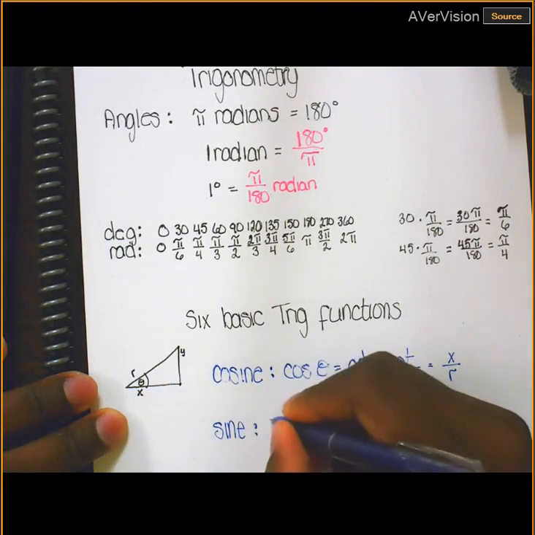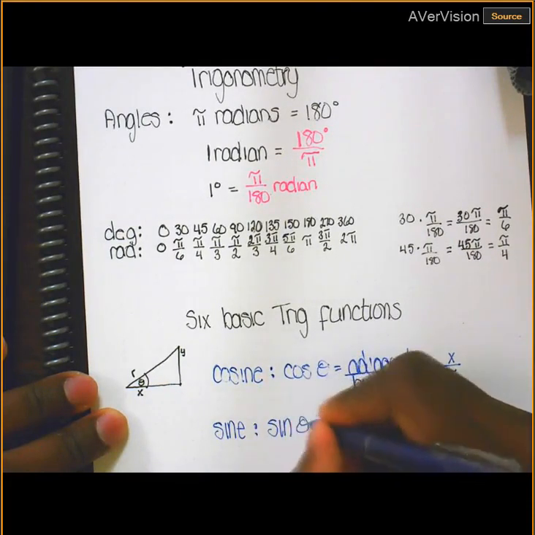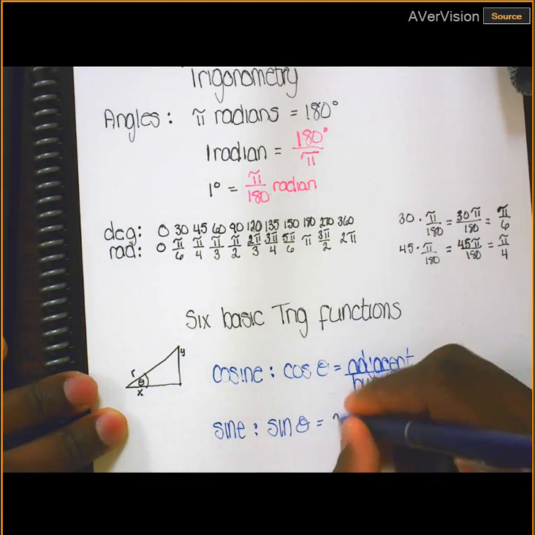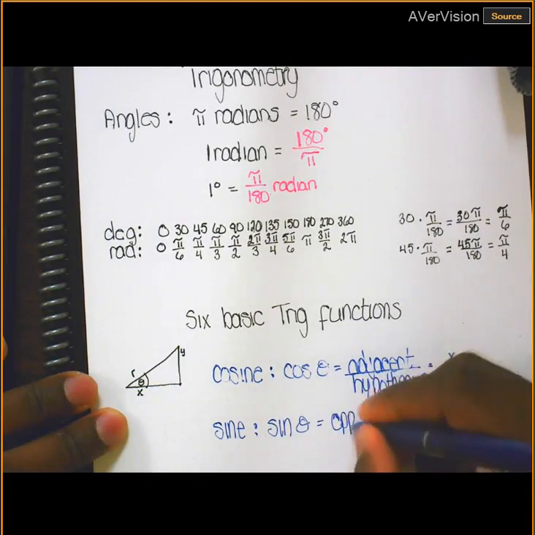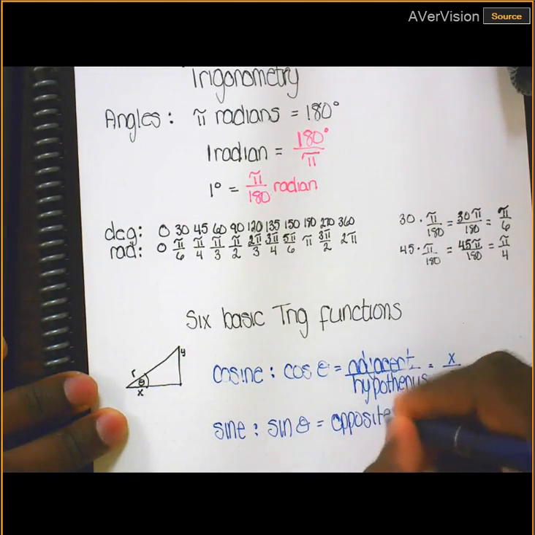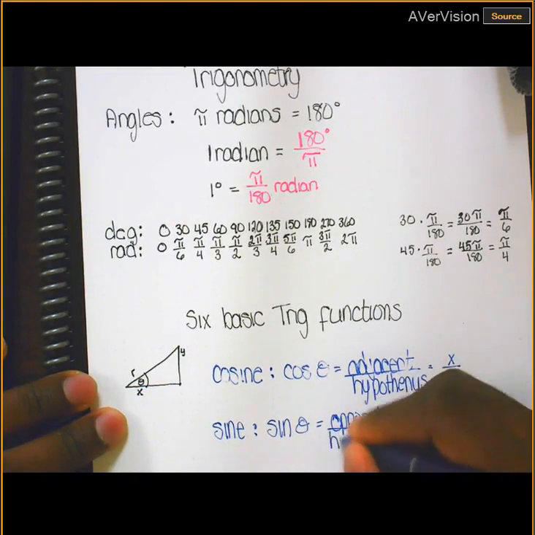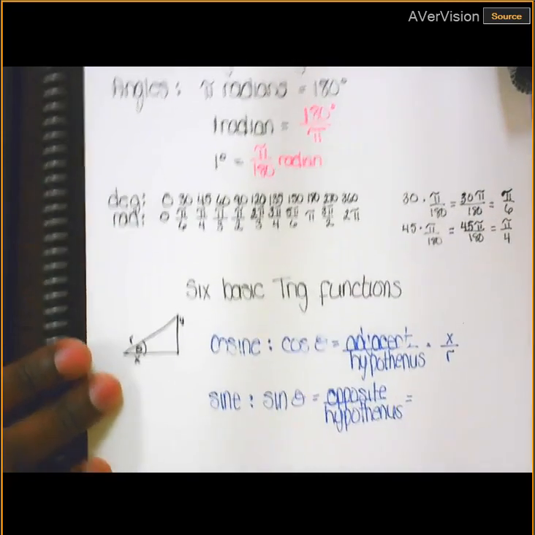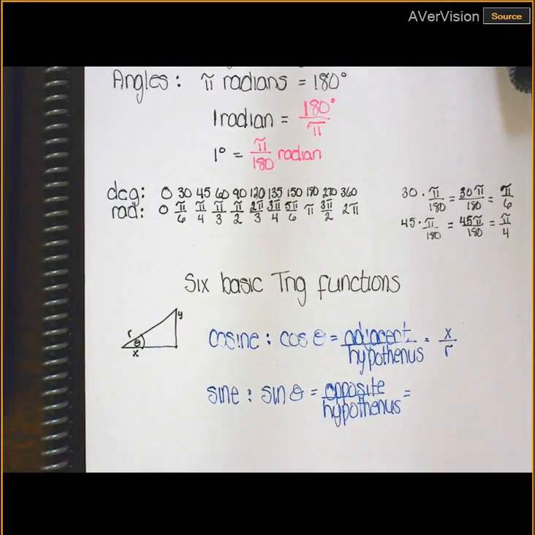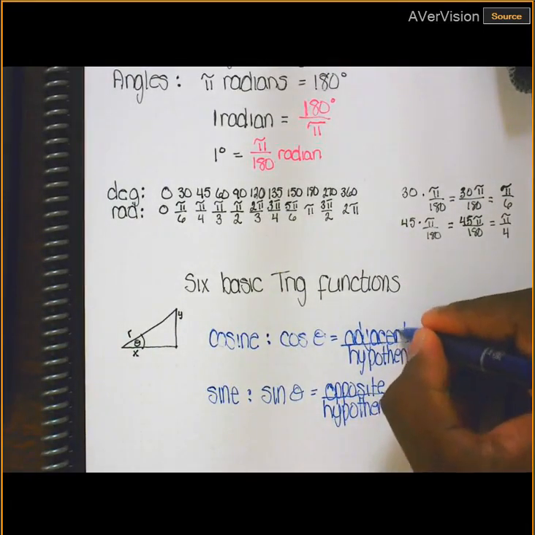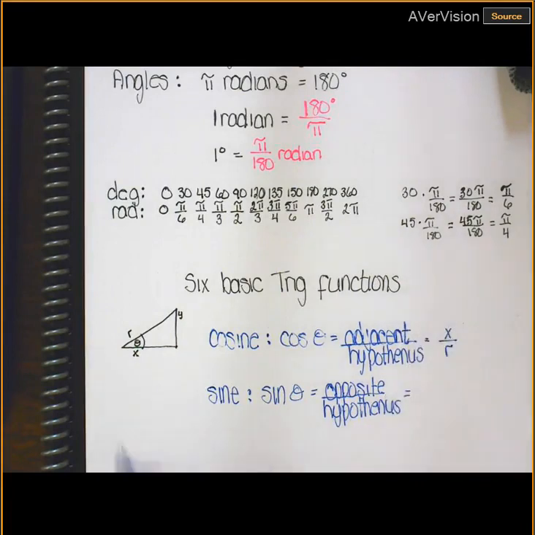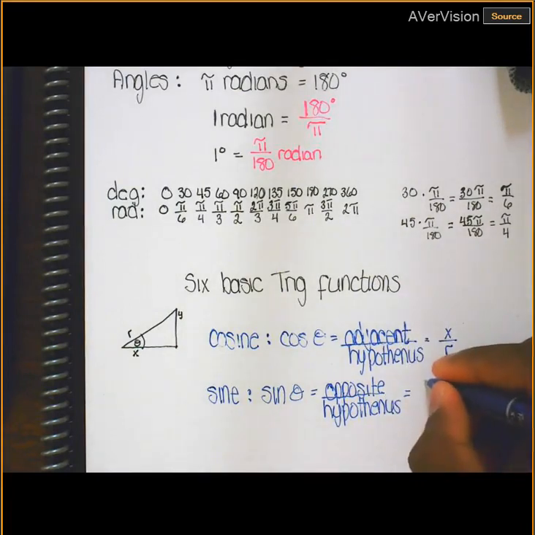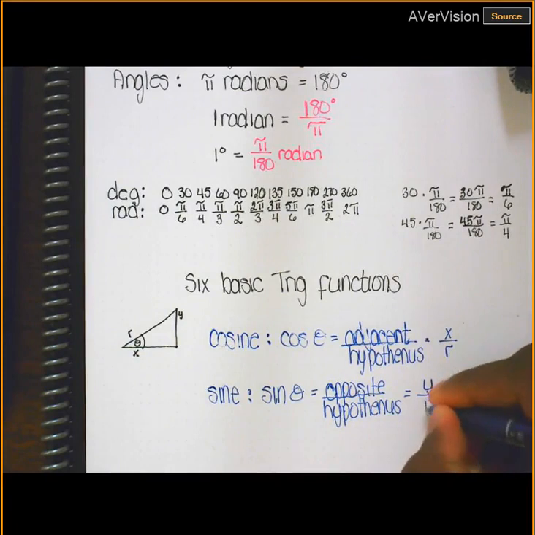And sine, you said, was opposite over hypotenuse. And which one is opposite the angle? Yeah, so this one would be y over r.